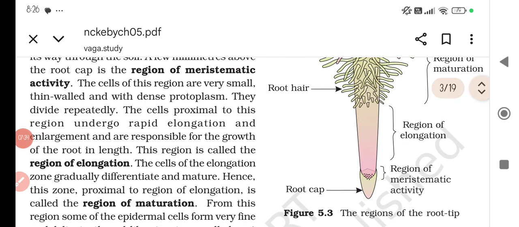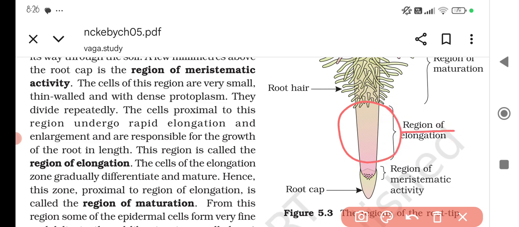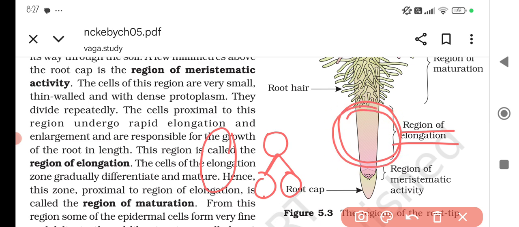Next comes the region of elongation. Elongation means after the cells divide, the cell will increase in size in the region of elongation. It will get enlarged.